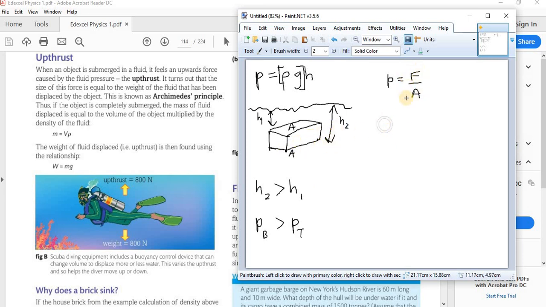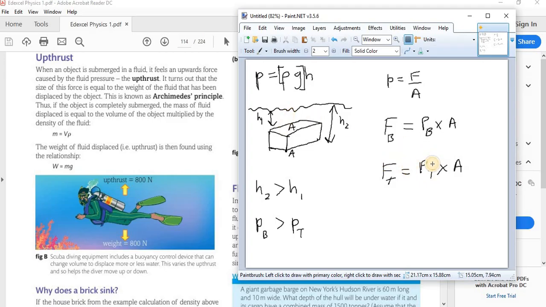Now if we apply this equation, then force at the bottom is equal to pressure at the bottom times area. The area at the top and the area at the bottom are the same. Force at the top is equal to pressure at the top times the surface area at the top.